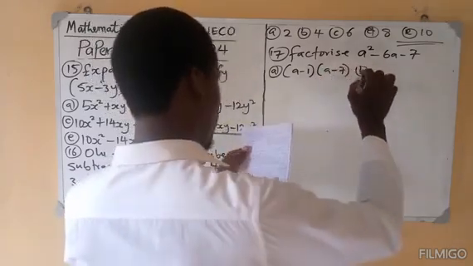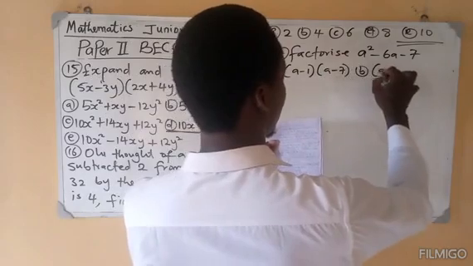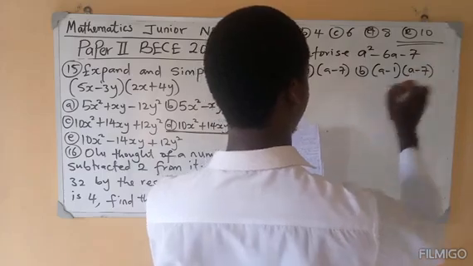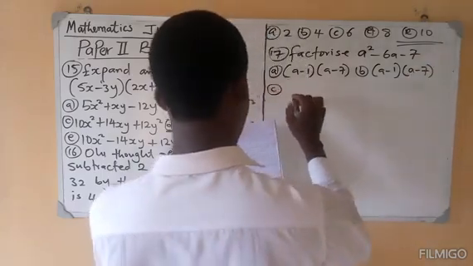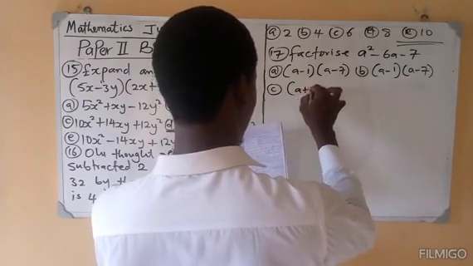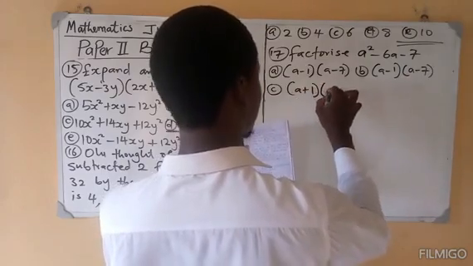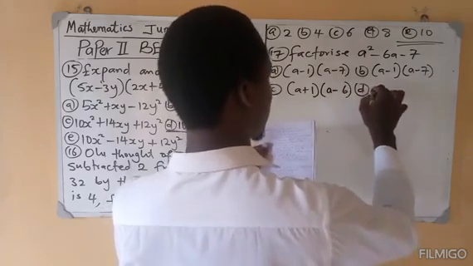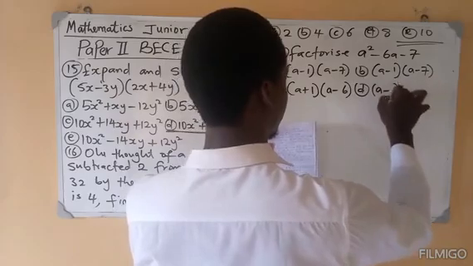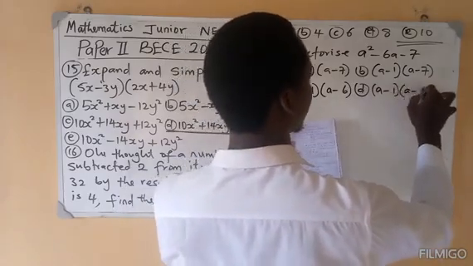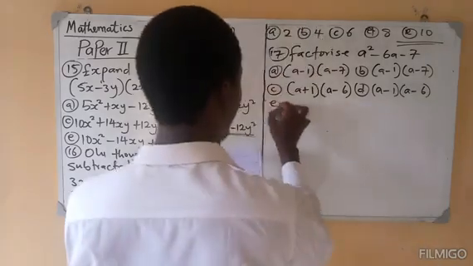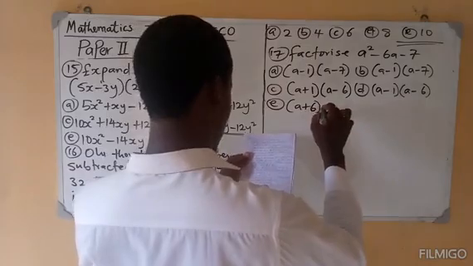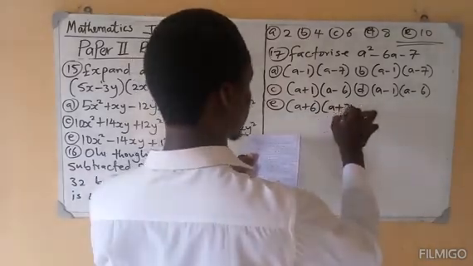B, we have a minus 1 and a minus 7. C, we have a plus 1 and a minus 6. D, we have a minus 1 and a minus 6. And then the last option, we have a plus 6 into a plus 7.